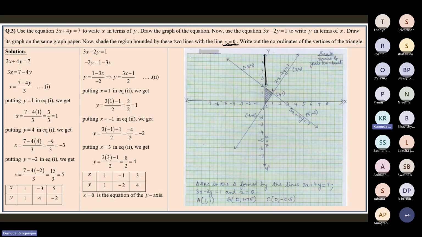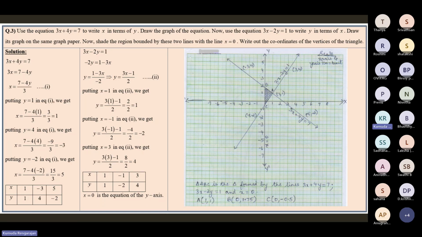On the y-axis, x is always 0, because any point you take: 0, minus 7. 0, minus 6. 0, minus 2. 0, 5. So x is always 0 on the y-axis. So the y-axis is the straight line that represents the equation x is equal to 0.